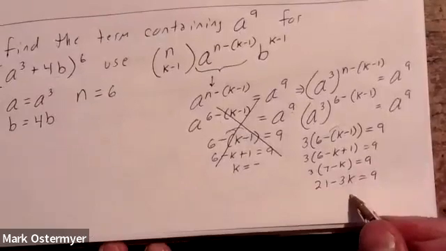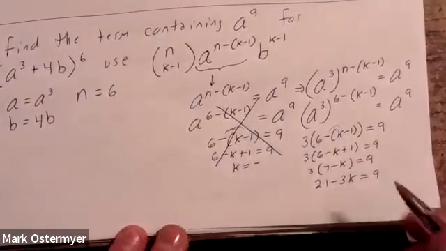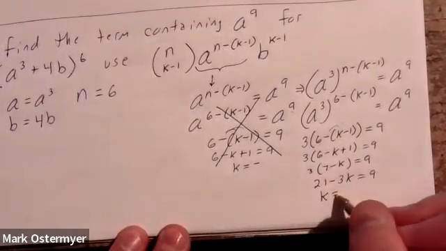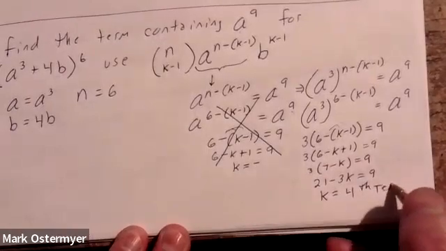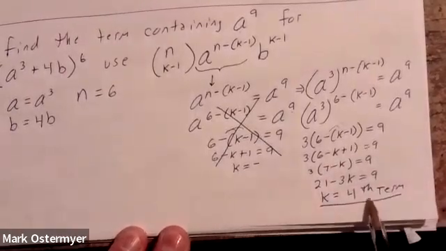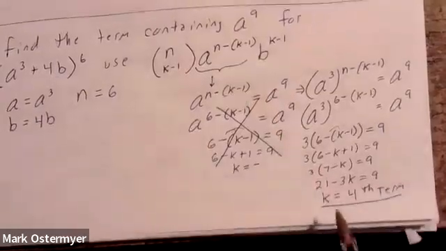Now we just solve the simple first degree equation for k. And when you get done solving this for k, you discover that k is equal to 4. So we're talking about the 4th term here. So it's the 4th term that has a to the 9th in it. All right, the 4th term.